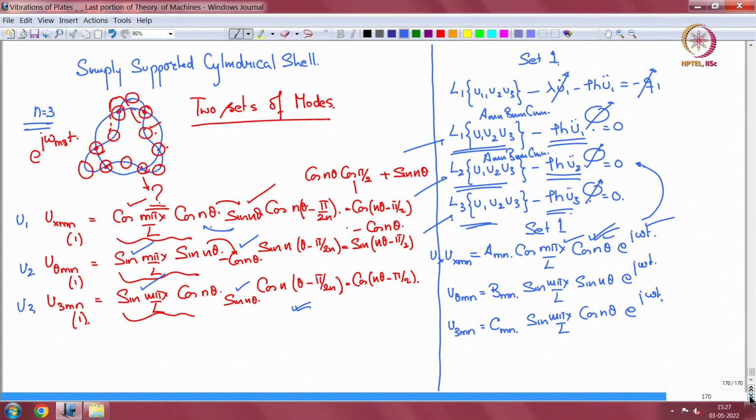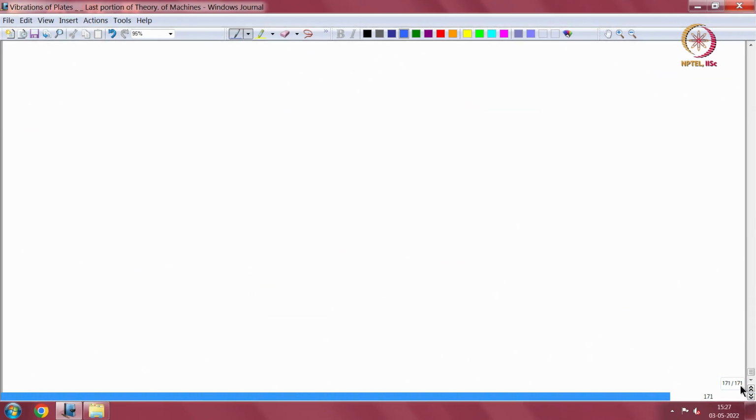So if you do that, you will get a matrix that looks like this. There will be some terms depending on E, rho, h, mu, etc. Then you will have rho h omega mn square here, acting on A mn, B mn, C mn mode by mode, and this will be 0.